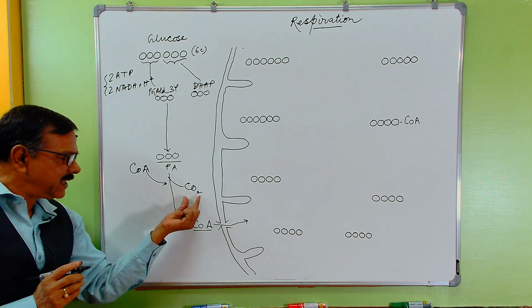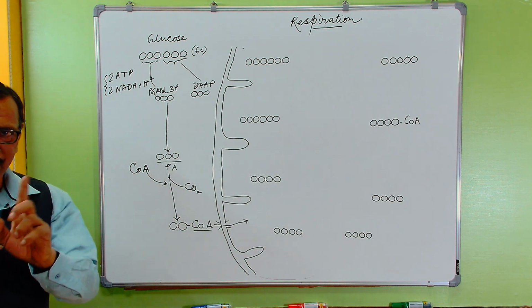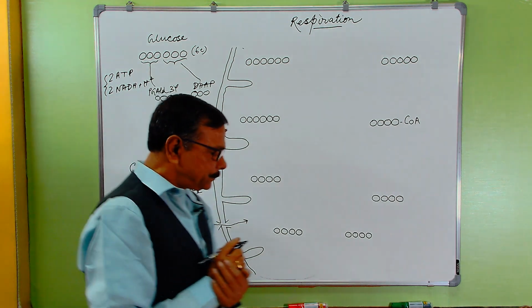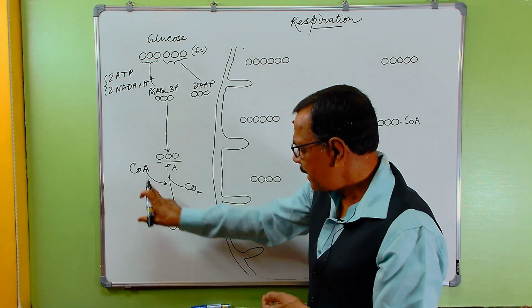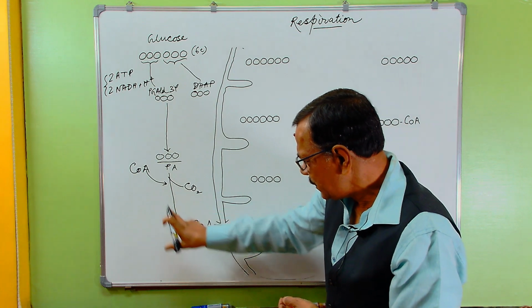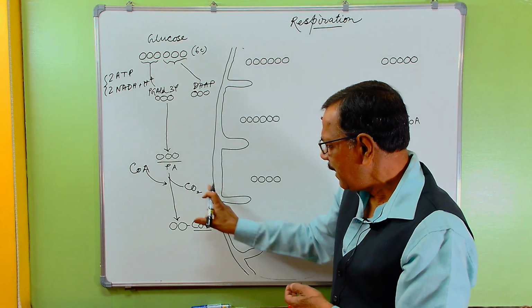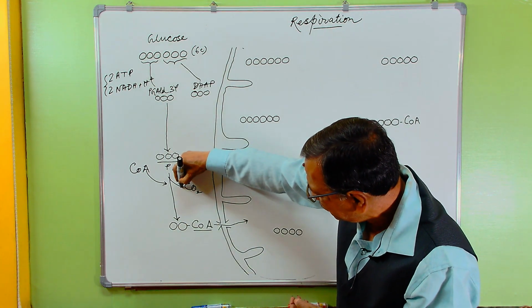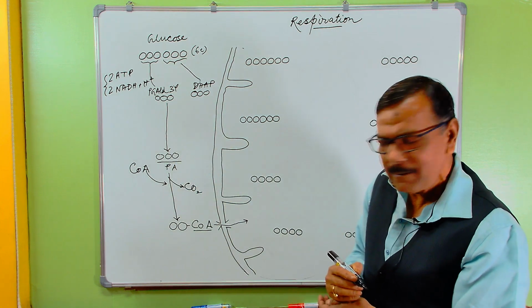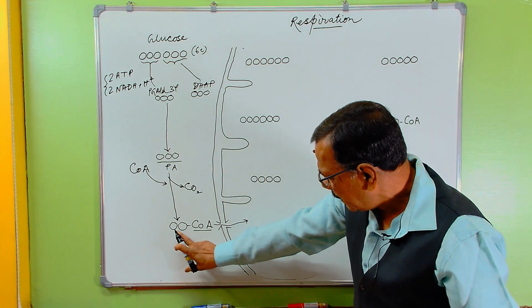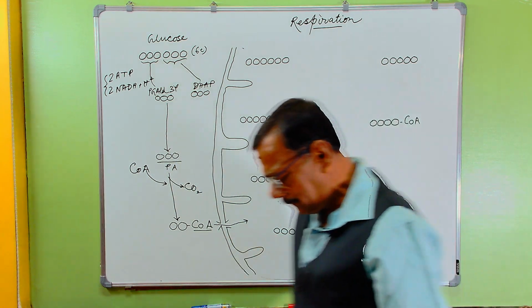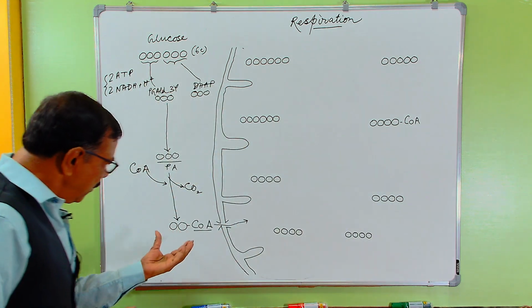So it is a case of decarboxylation, isn't it? Then the coenzyme will enter here and CO2 will go out. Am I visible? Okay.